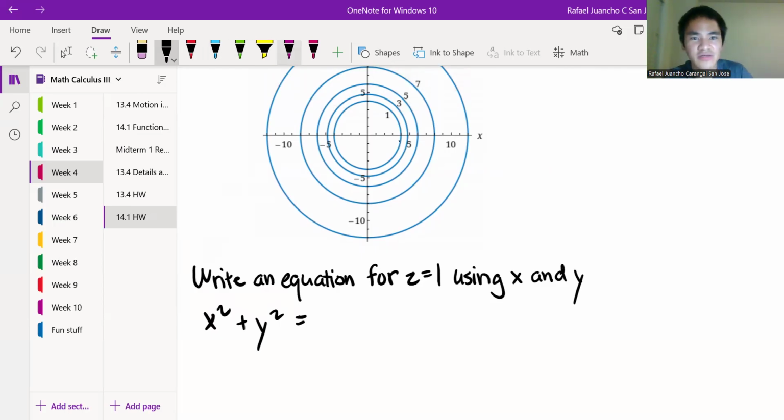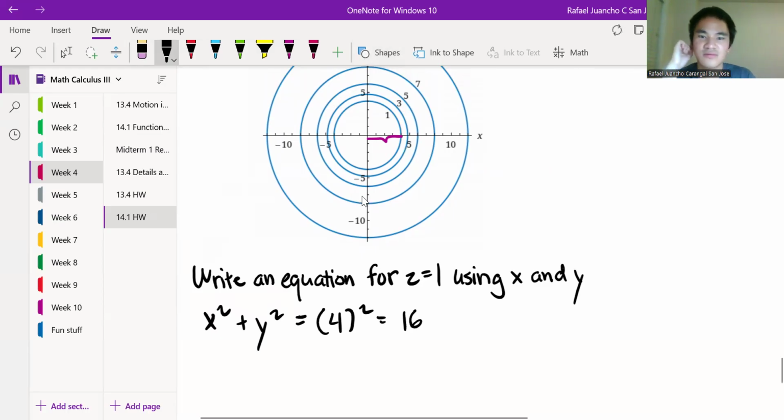If my judgment is right, I think this is a radius of 4. But again, I might be wrong, because when I count this, I see 0, 1, 2, 3, 4, 5, 6, 7, 8, 9, 10.